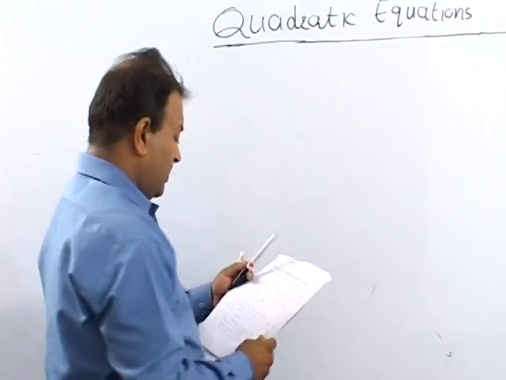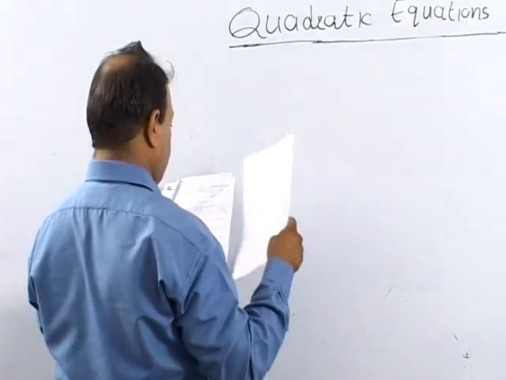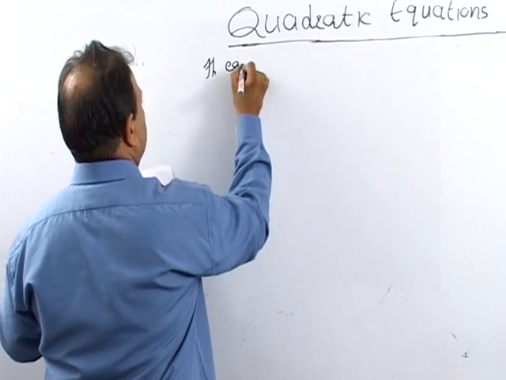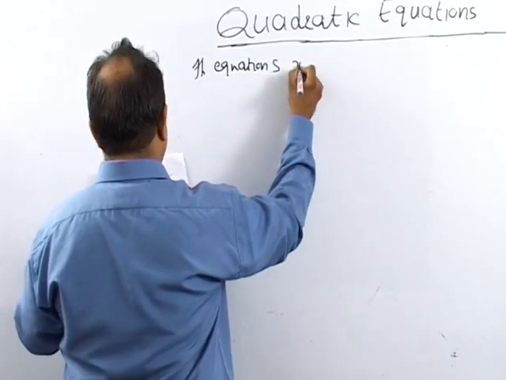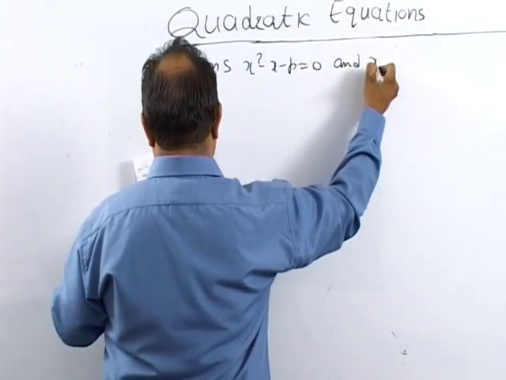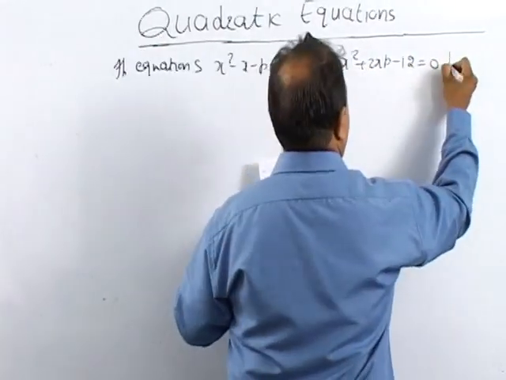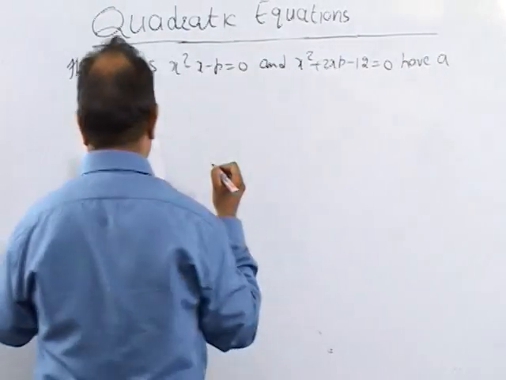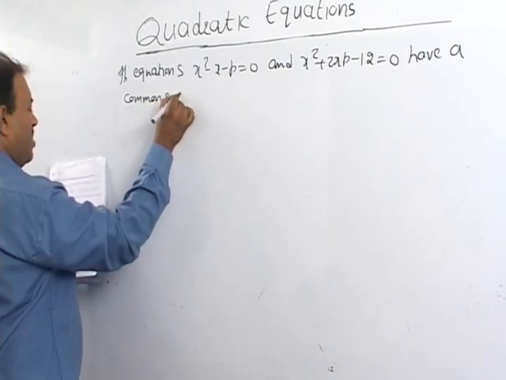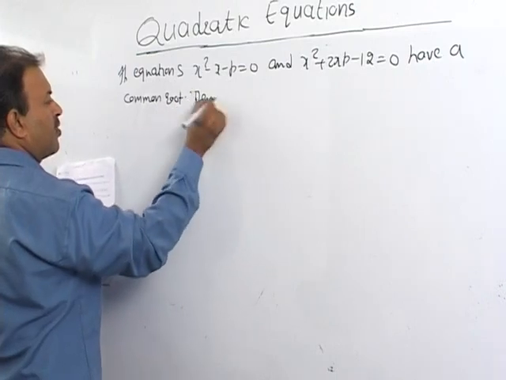So the next problem is, if equations x square minus x minus p is equal to 0 and x square plus 2xp minus 12 is equal to 0 have a common root, then common root is.